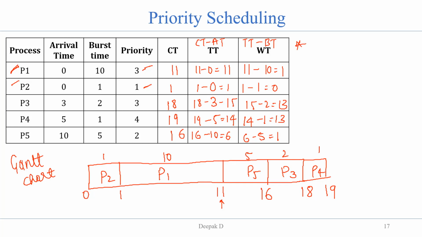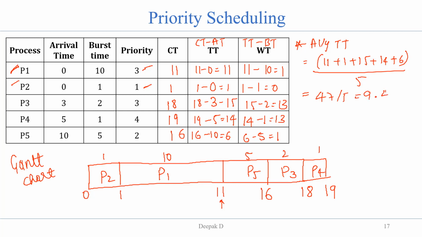And here the average turnaround time will be 11 plus 1 plus 15 plus 14 plus 6 divided by 5. The value is 47 by 5, which equals 9.4 milliseconds. This is the average turnaround time.